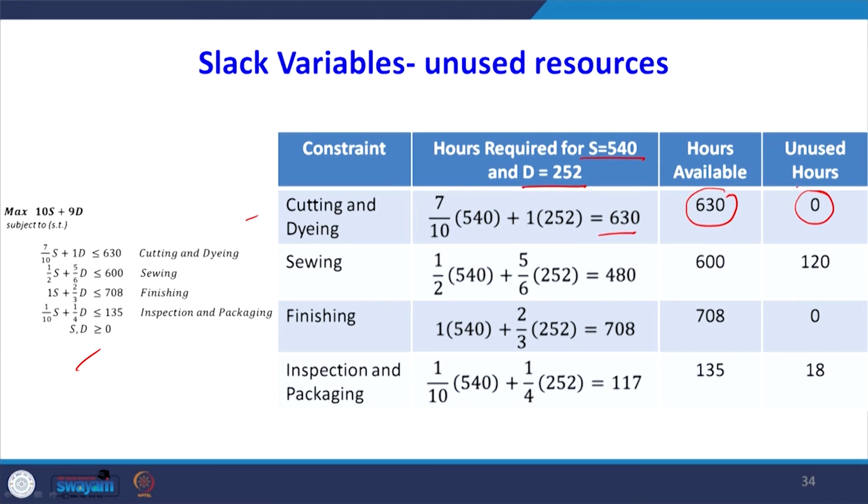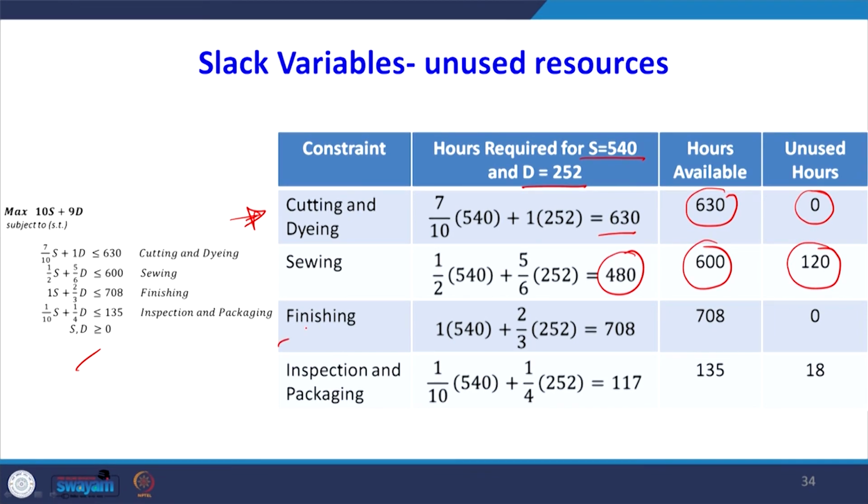So, the slack variable for this first constraint is 0. Look at the second constraint, the sewing constraint. When you substitute 540 and 252, the resources consumed is 480, but the available resources is 600. So, 120 unit hours are not utilized. So, here the slack variable for the second constraint is 120.